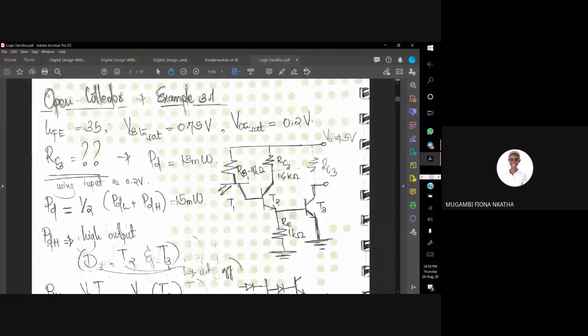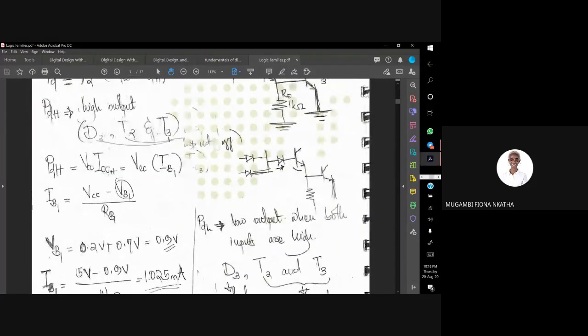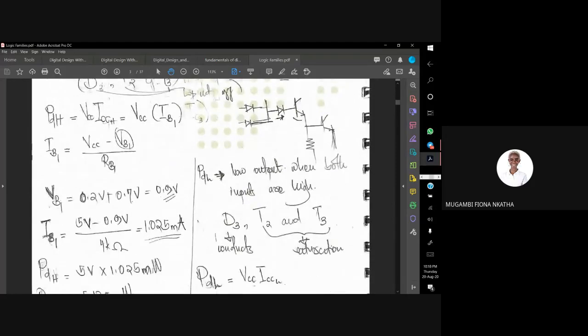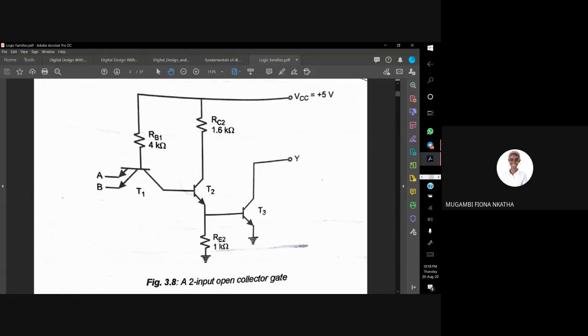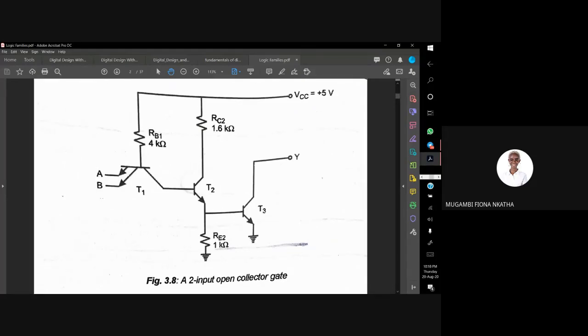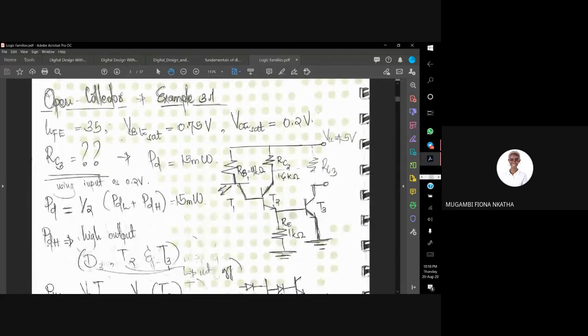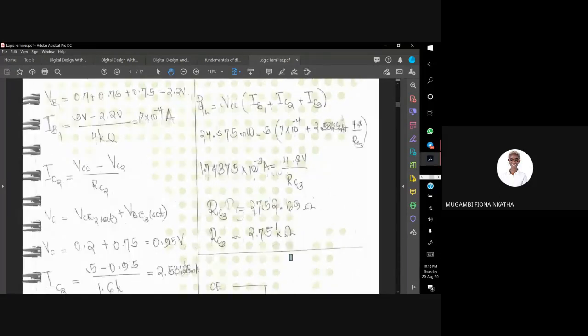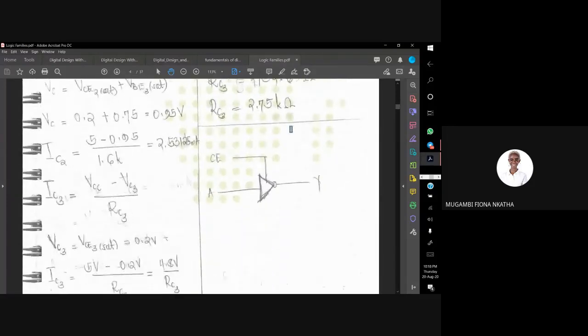VC3, you see, remember when we said when we're having a low output here, T2 and T3 will go into saturation, in TTL. So VC3 will be the same as VCE3 SAT. So that is going to be 0.2 volts.